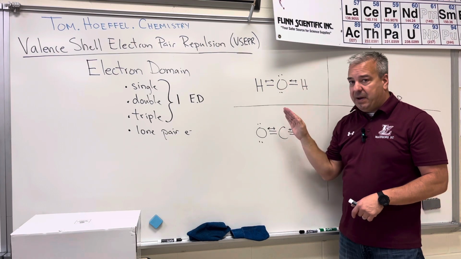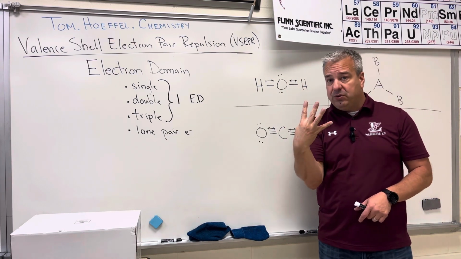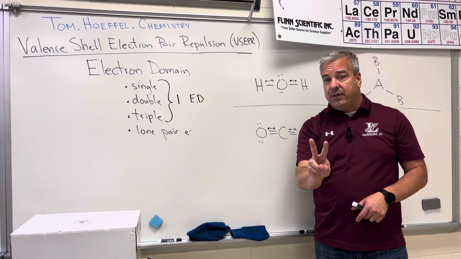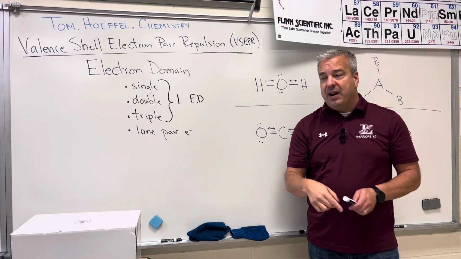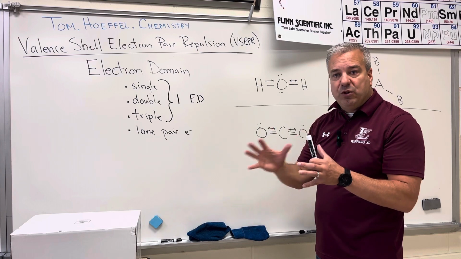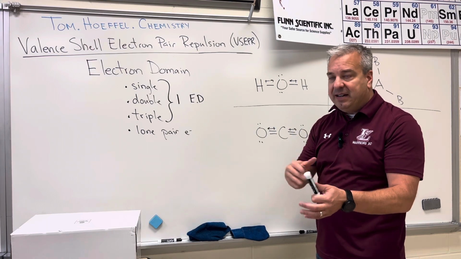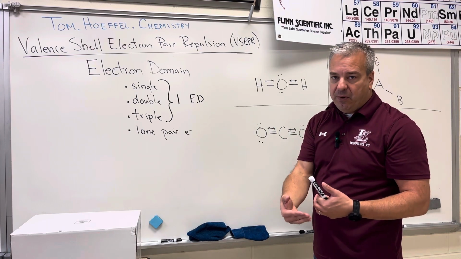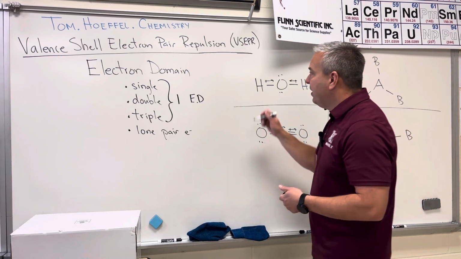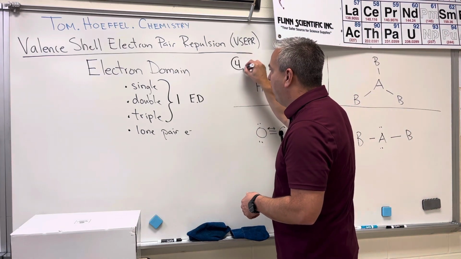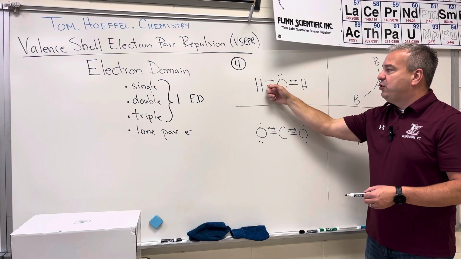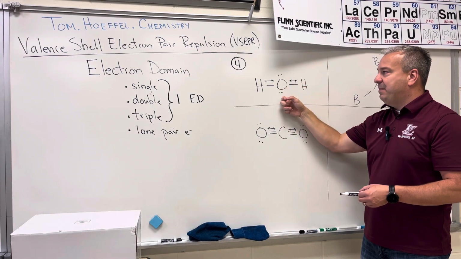So this water molecule has 4 total domains, 2 of them bonding and 2 non-bonding. Understanding which are bonding and which are non-bonding will be important when we're determining the geometry.